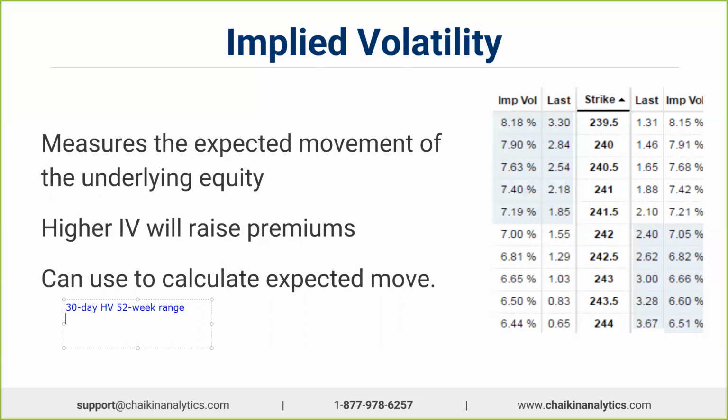Let's just say, for example, it is 10 to 50. That is what the 30-day HV has been, between 10 and 50. Then I look at current implied volatility.